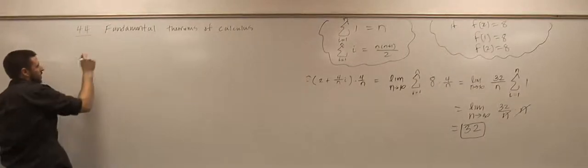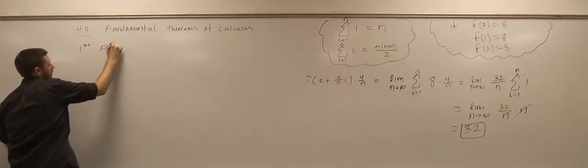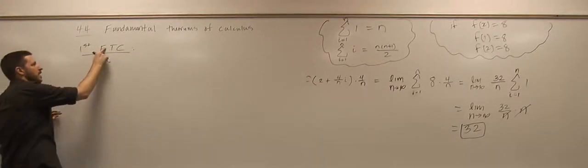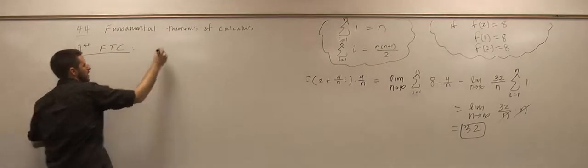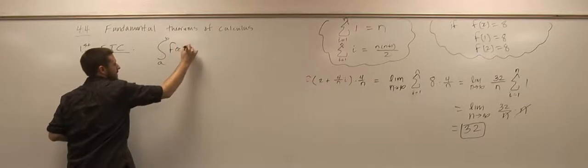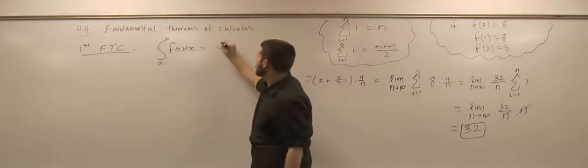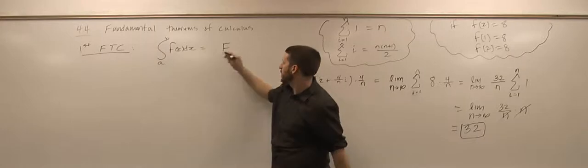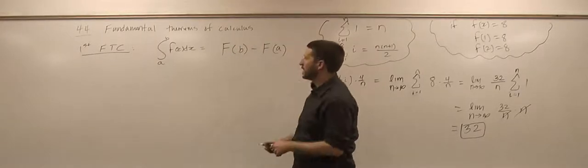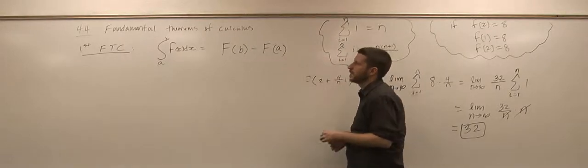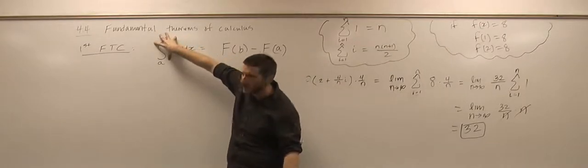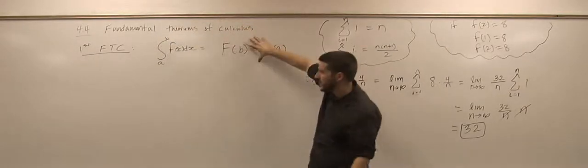The first one says that if you want to take the definite integral from a to b of f of x dx, it's the same thing as if you took an antiderivative of this function and evaluated at b, subtract an antiderivative evaluated at a. So the fundamental theorem of calculus is giving us a way to find area without using rectangles, with just using the antiderivative.